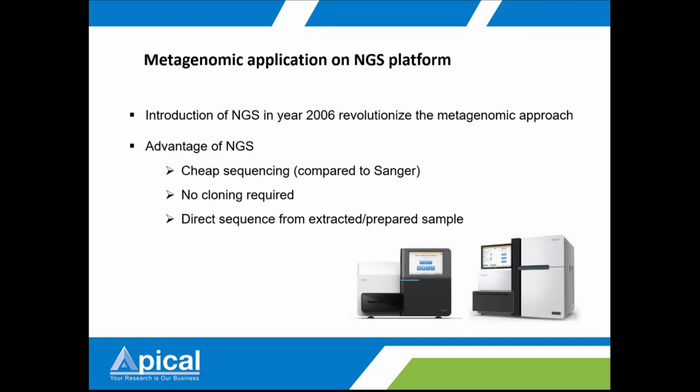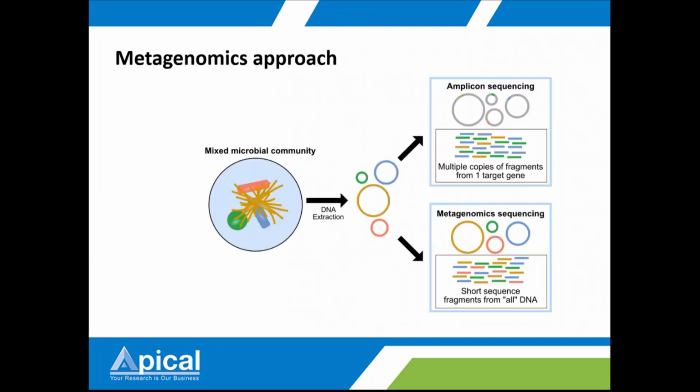With NGS being accessible, we can have cheap sequencing, and we don't have to clone. Because with NGS such as Illumina, you don't need to clone any of these DNA fragments. You can directly sequence from the extracted or any prepared samples. So this revolutionized the metagenomic approach.